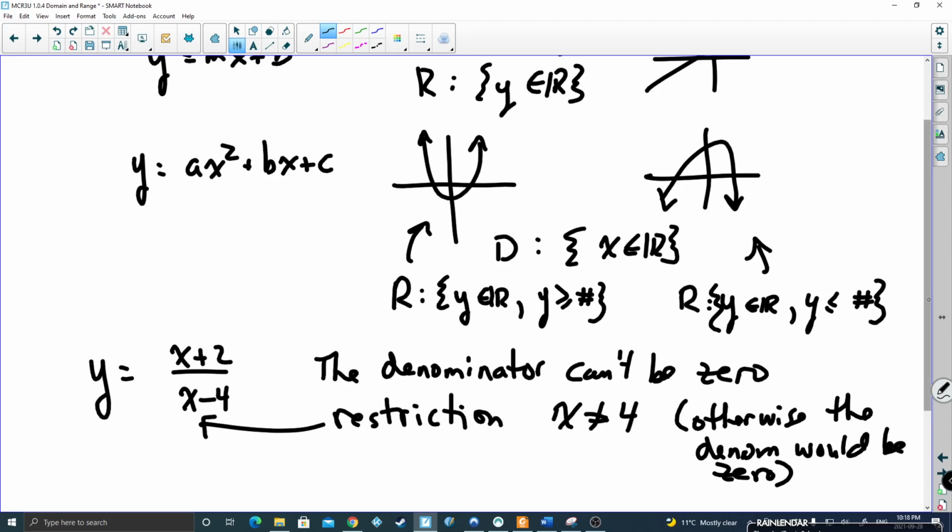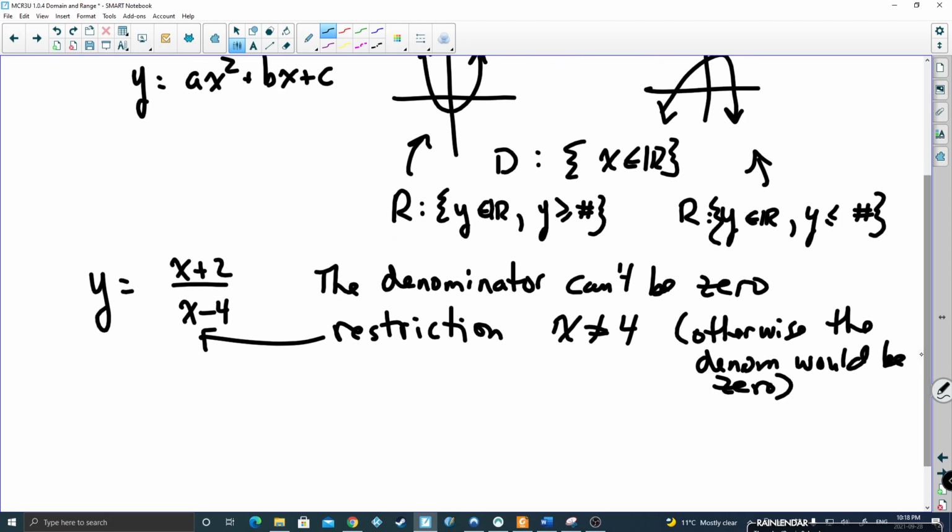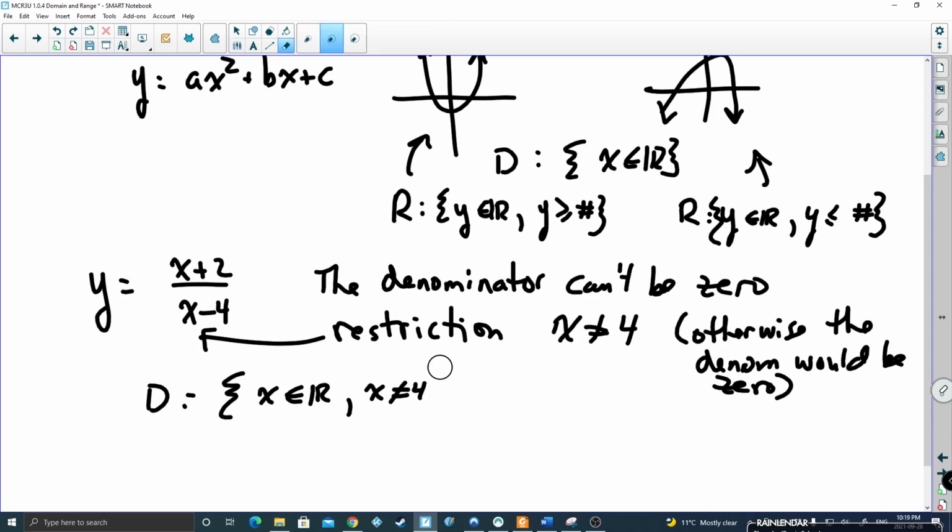So we have to state a restriction, and when we state a restriction, that restriction is included in the domain and range. So for these graphs, they exist everywhere except for where the restriction is. I'm having a little bit of trouble with some of my symbols here.